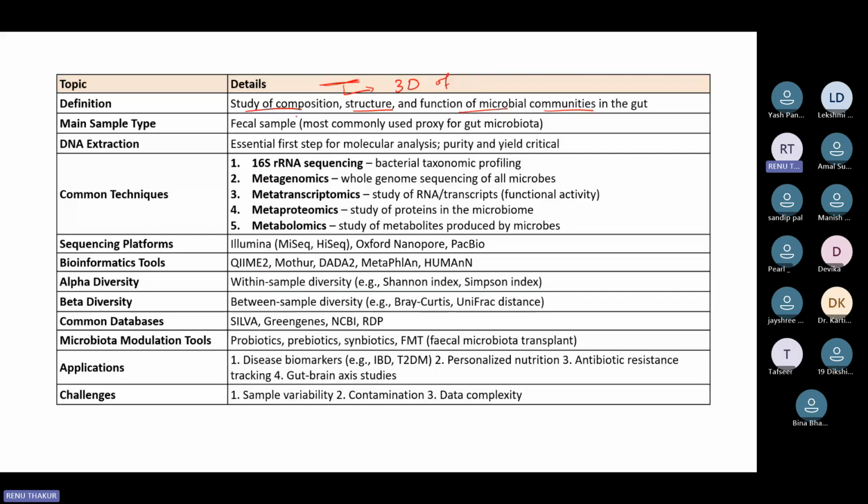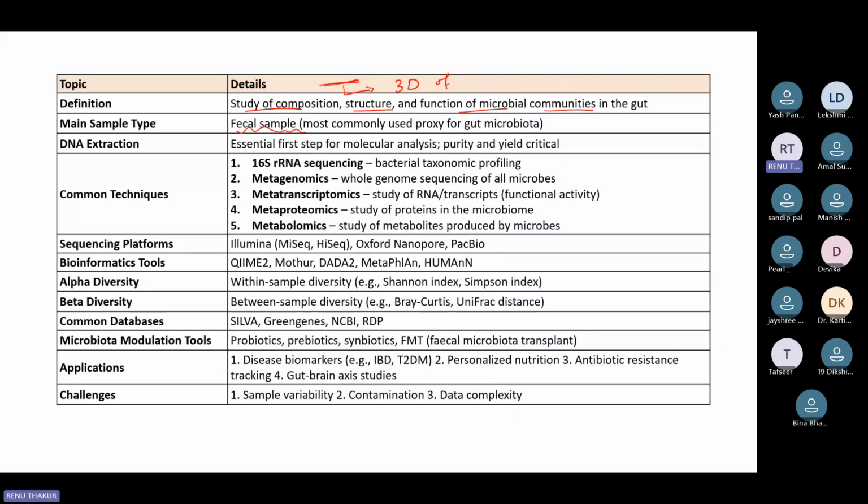Now, main sample type will be obviously the fecal sample, because it acts as a source for isolating gut microbiota. So whenever you complain about having some gastrointestinal disease, then your fecal sample will be diagnosed by your pathologist.